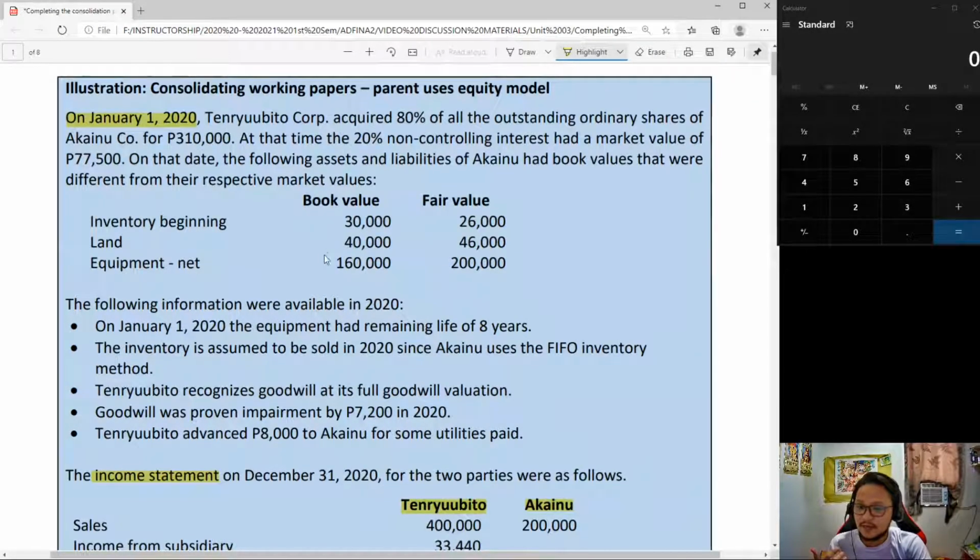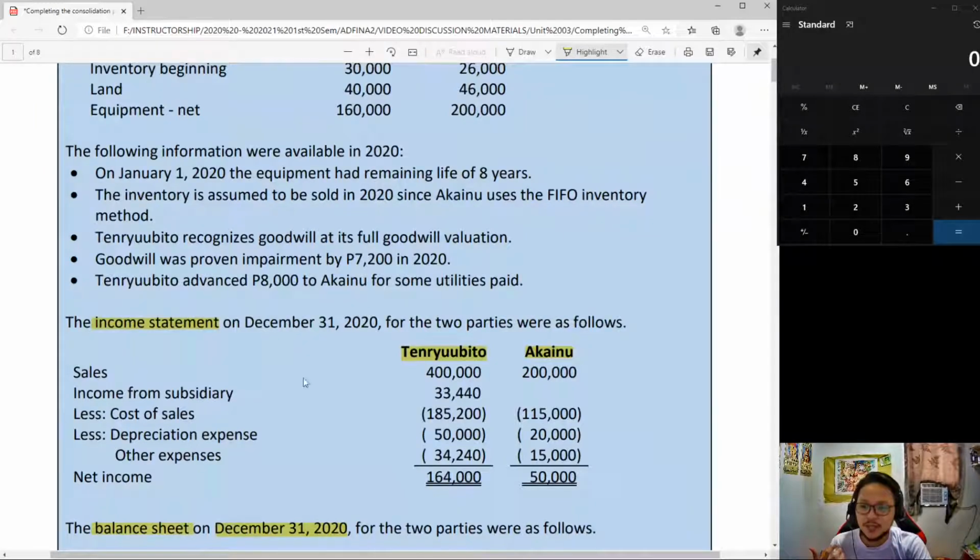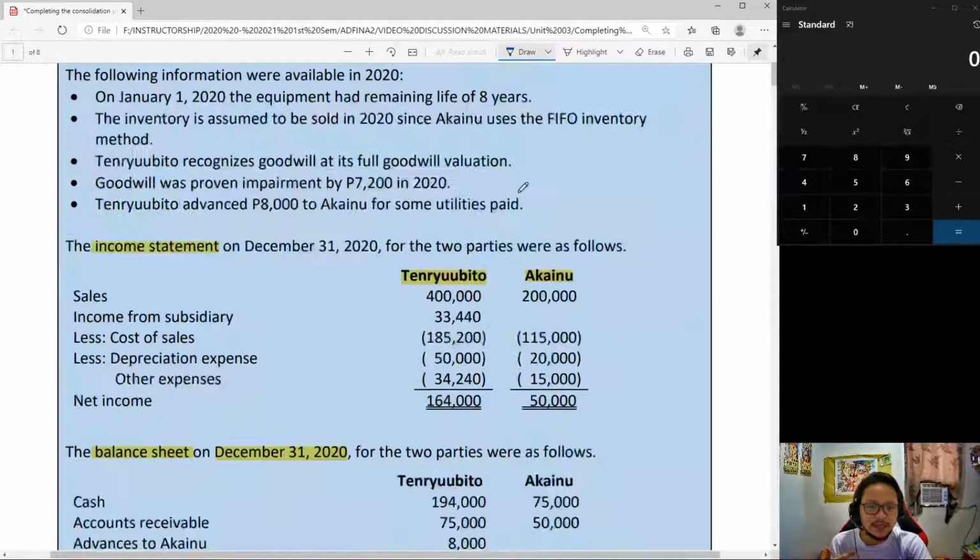And do take note that when I go back to the income statement, one key note that you should always examine is ano ang income na ni-recognize ni parent from the subsidiary. Did the parent recognize as income yung share niya, yung income from subsidiary, or dividend income? Itong income account na to, you will have to look for this every time magko-consolidate ka.